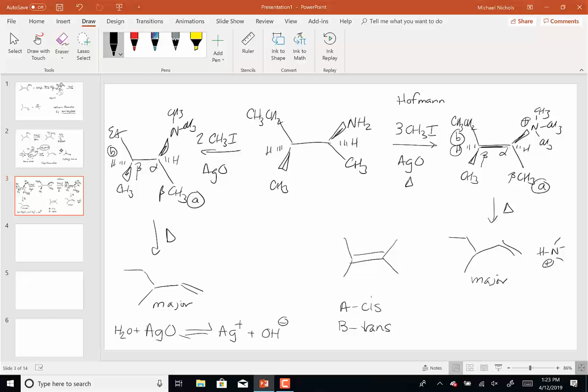So how are we going to answer that question? If I recall correctly, the two leaving groups need to be in the anti geometry.